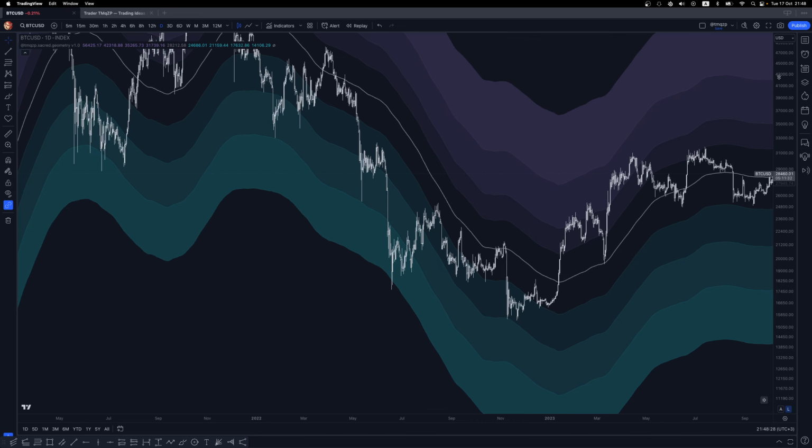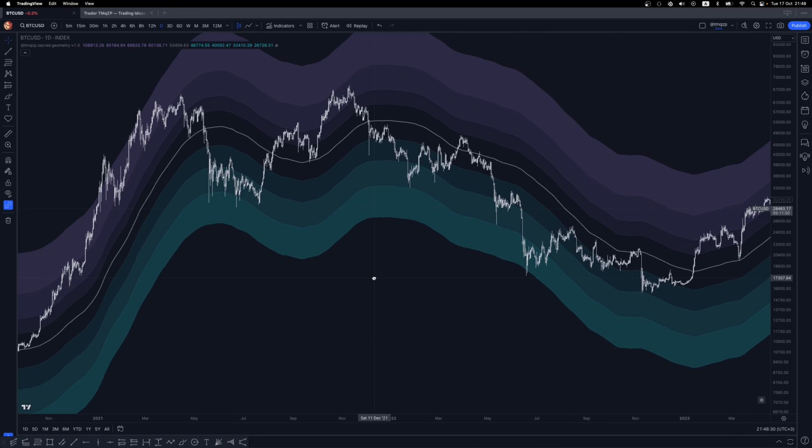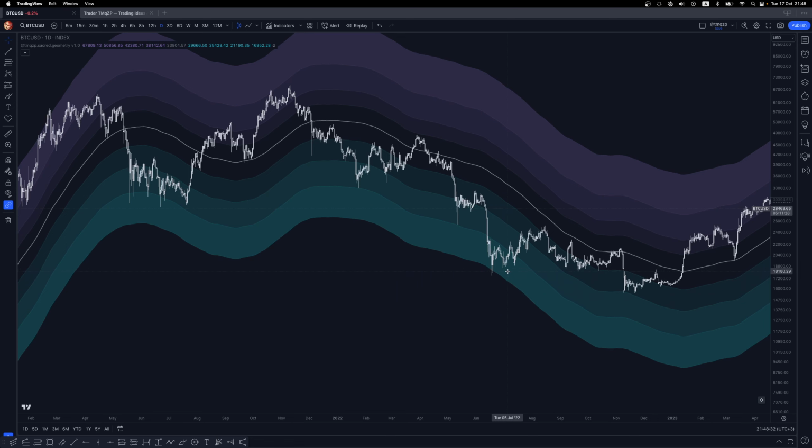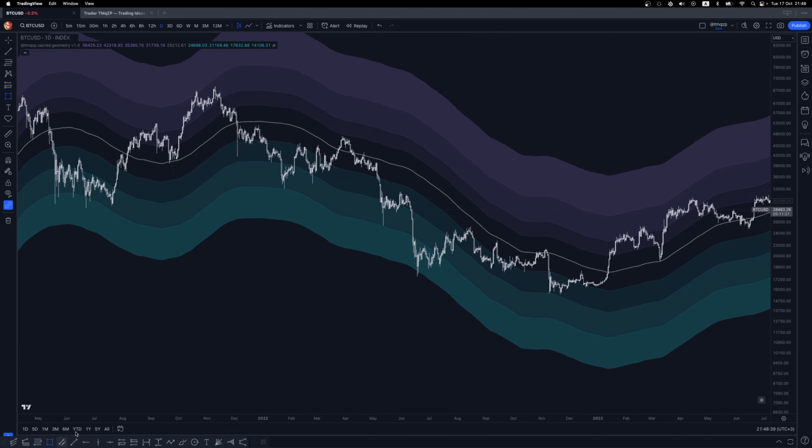But overall, generally speaking, when the price of Bitcoin is in the lowest of the waves, it's generally a pretty decent spot to buy spot Bitcoin, in my opinion, right? We just create a box here or something. Let me take one that has a bit of color so I can see it better, right? If you bought spot anywhere in this region, whenever it creates these spikes, it's a pretty decent spot.